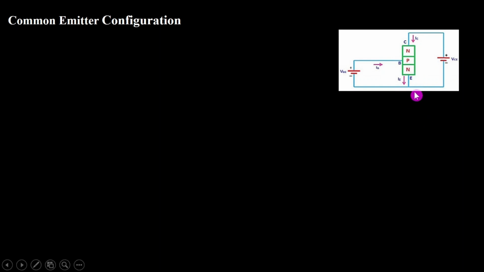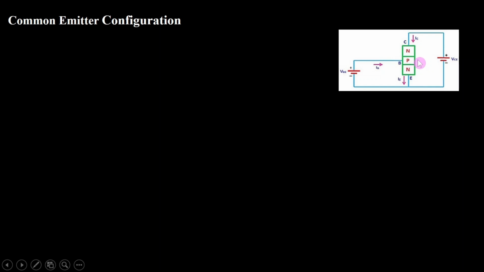In this case we take the emitter as constant, but in that case we took the base as constant. So here the base to emitter junction is forward biased, and the collector to base junction is reverse biased.